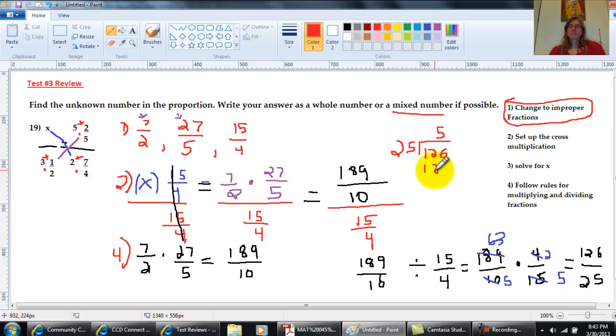And then minus is 1. So we have a remainder of 1. So we have 5 1/25. What I did is this becomes the whole number, and the remainder is the numerator. And we keep this as the denominator, which we had down here. So our new answer then is 5 1/25 for number 19.